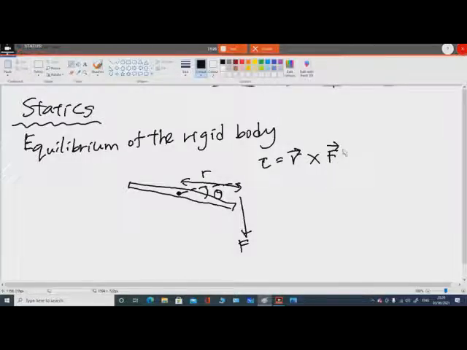This is the direction for the force. Let me explain it in terms of a qualitative answer.